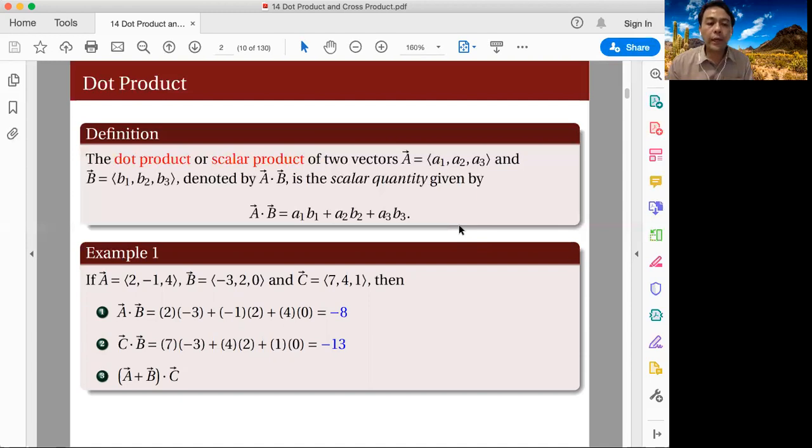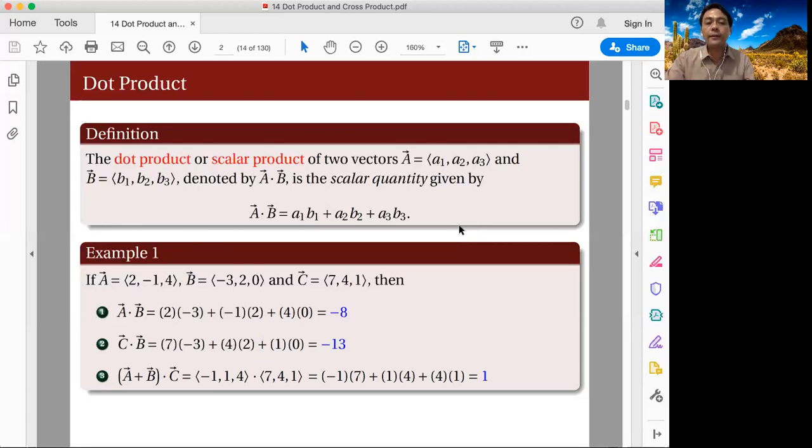So what we can do right now is we can get the sum first of A and B. So getting the vector sum of A and B, we have 2 plus negative 3 is negative 1. Negative 1 plus 2 is 1. And 4 plus 0 is 4. Then we get the dot product of this vector sum with C. And we get the products, and then we get the sum of these products, and the answer is 1.